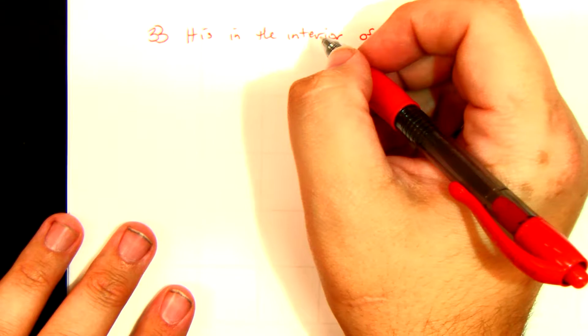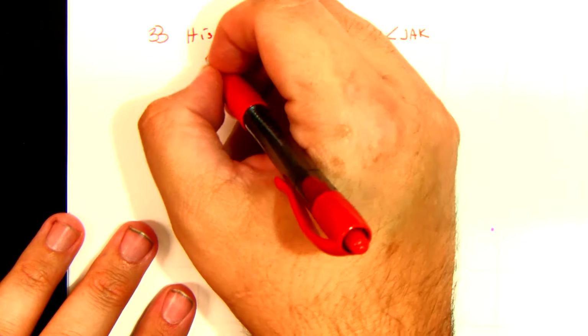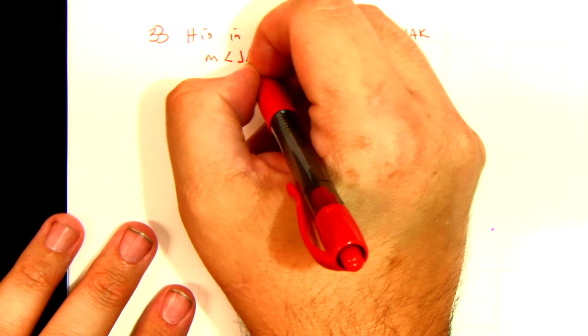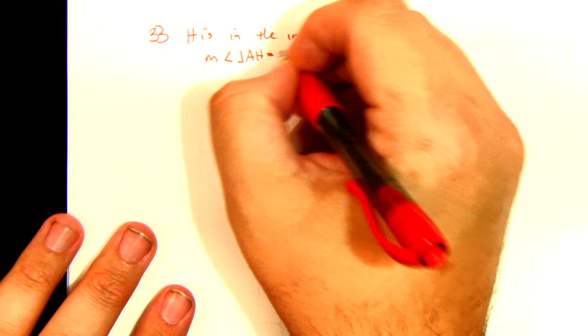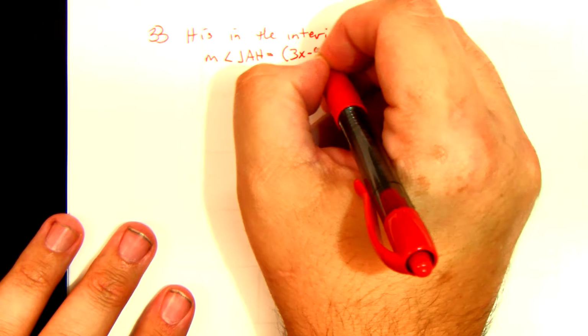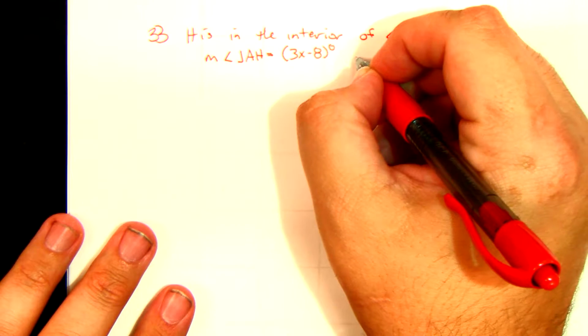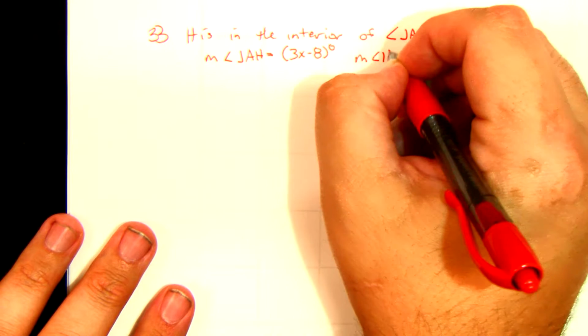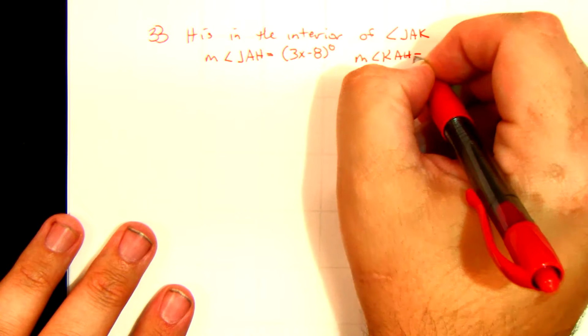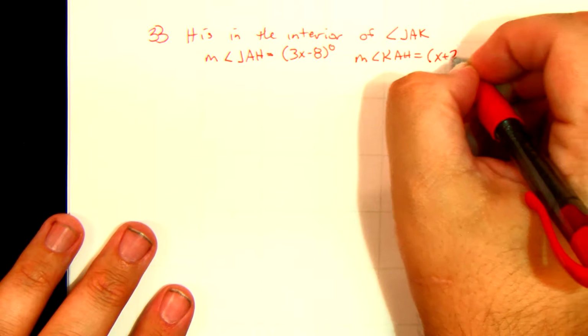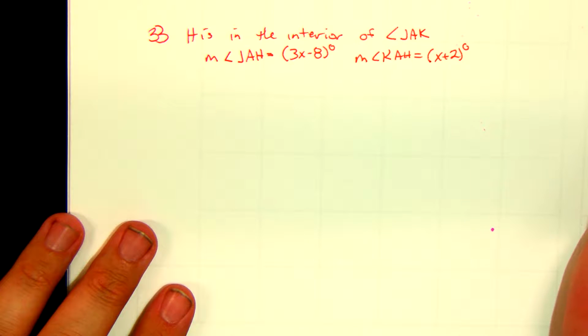And it says the measure of angle JAH is equal to 3x minus 8 degrees, and the measure of angle KAH is equal to x plus 2 degrees. Draw a picture of each relationship and find the measure of each angle.